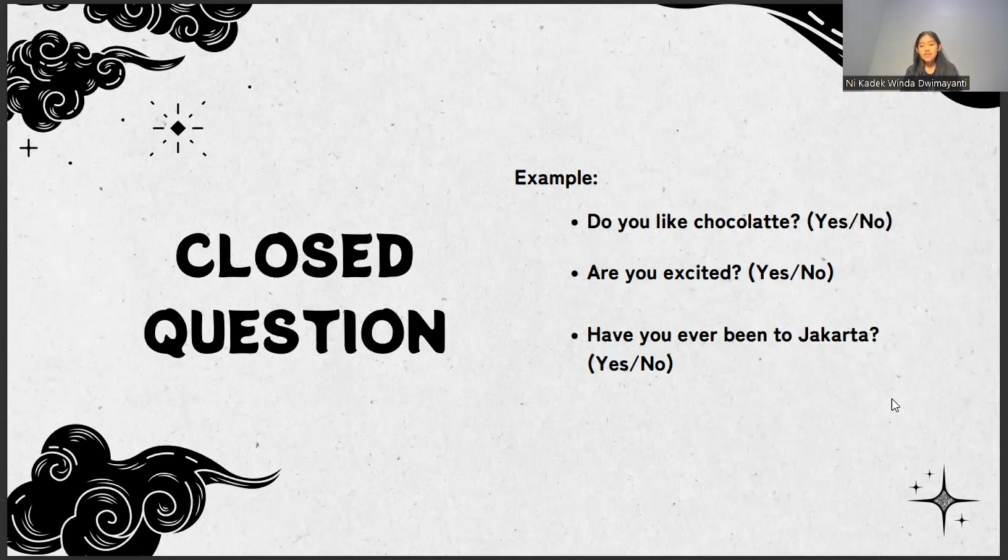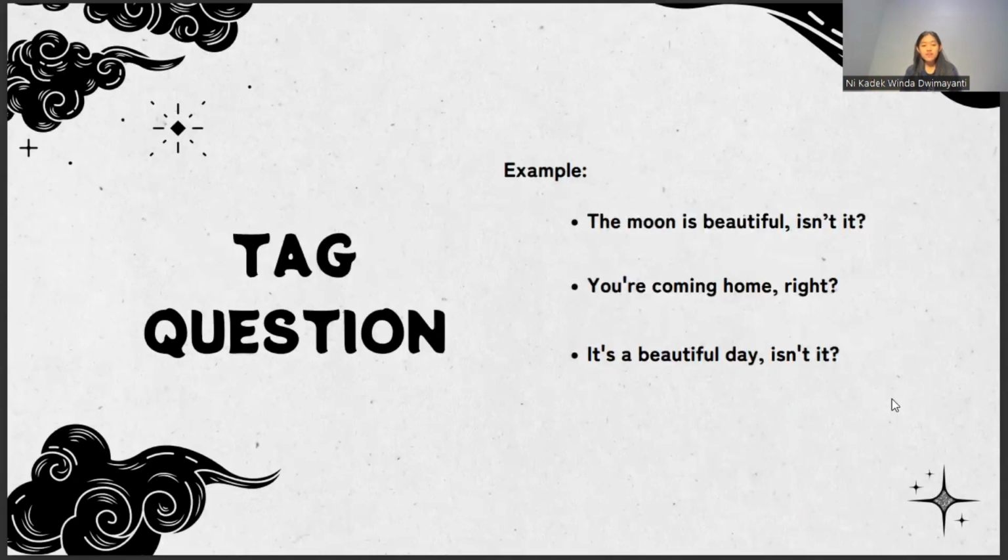Then next, we have a tag question. Tag questions are sentences that consist of two parts: the statement at the beginning of the sentence and the tag question itself at the end of the sentence. The tag question uses falling intonation or rising intonation depending on the context of the sentence.